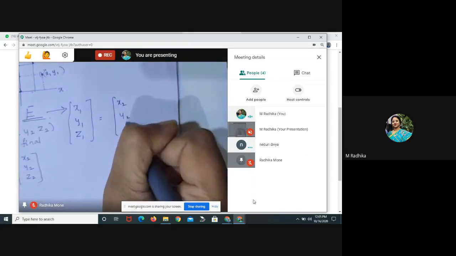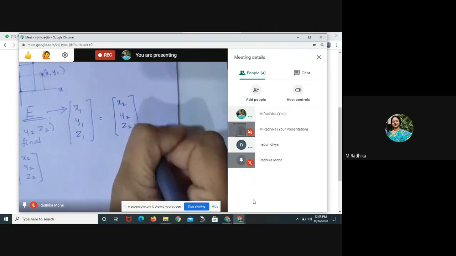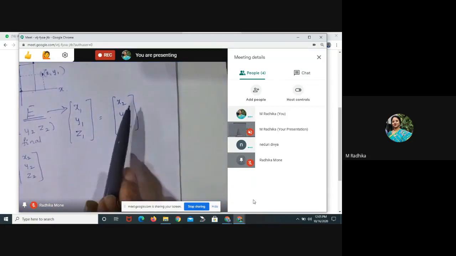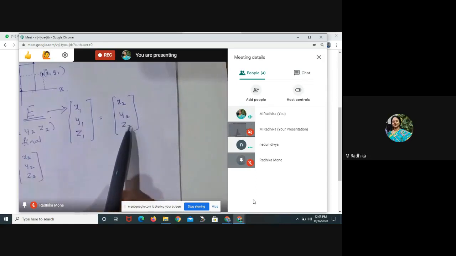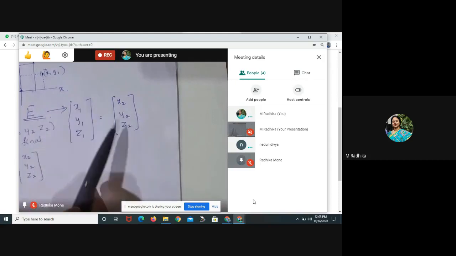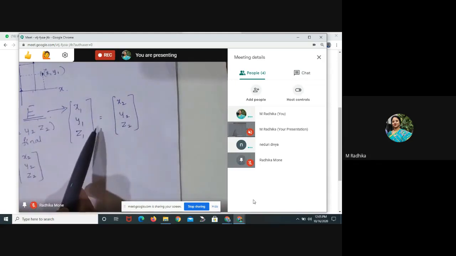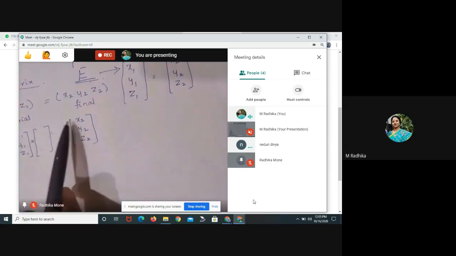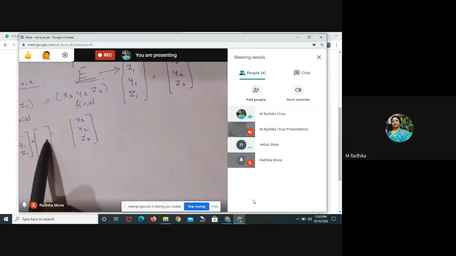So my x1, y1 and z1 will be equal to x2, y2 and z2. Then only I can tell it is an identity operation. So what should I multiply with that x1, y1 and z1 to get this particular same thing? That matrix is nothing but your identity.